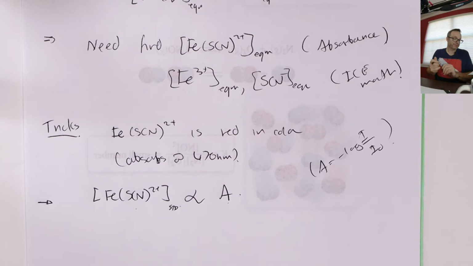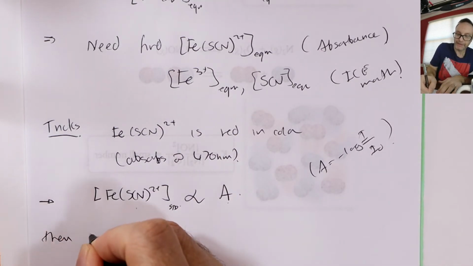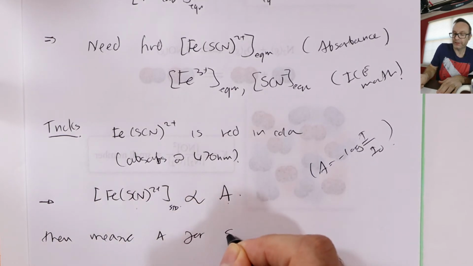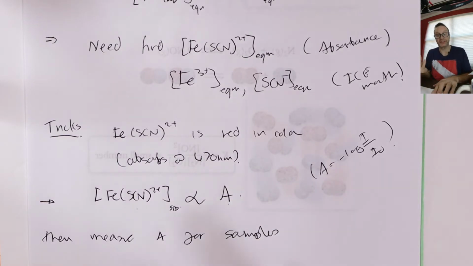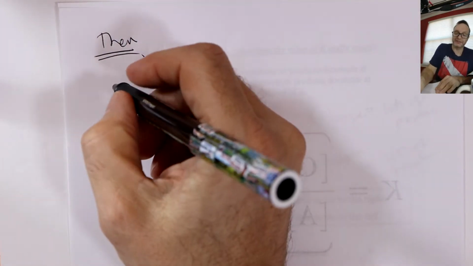So therefore, then measure A for samples. You have some samples, you want to find the concentration of this stuff, and you find the absorption of those samples. Then the clever math. Here's the fun part. I'm going to make sure I get this right.